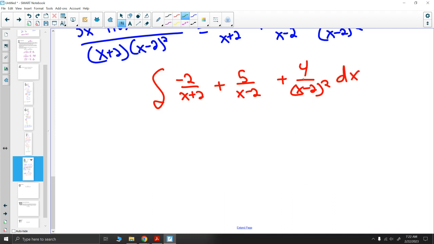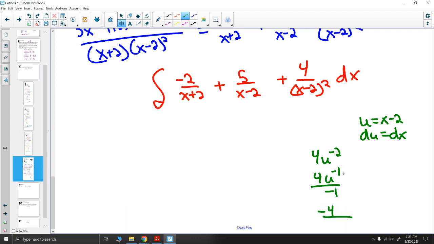Same thing as before, if we think about this as u equals x minus 2, then our du would just be dx, so that's nice and simple. So this is like saying 4u to the negative 2. So it would be 4u to the negative 1 over negative 1, so it would be negative 4 over x minus 2.